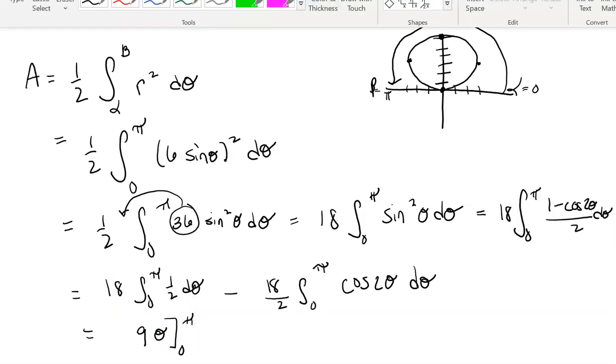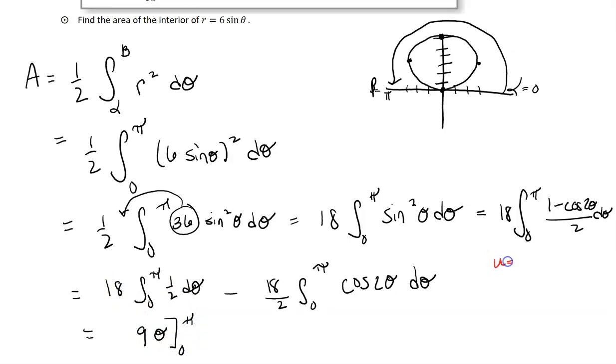With the other integral, you're going to need to do a u substitution where u equals 2 theta. So du is 2 d theta. I need a 2 here and a 1/2 here. So that's going to be minus 9 over 2 times the integral of cosine of u du, which is sine of u. So sine of 2 theta, going from theta equals 0 to pi.